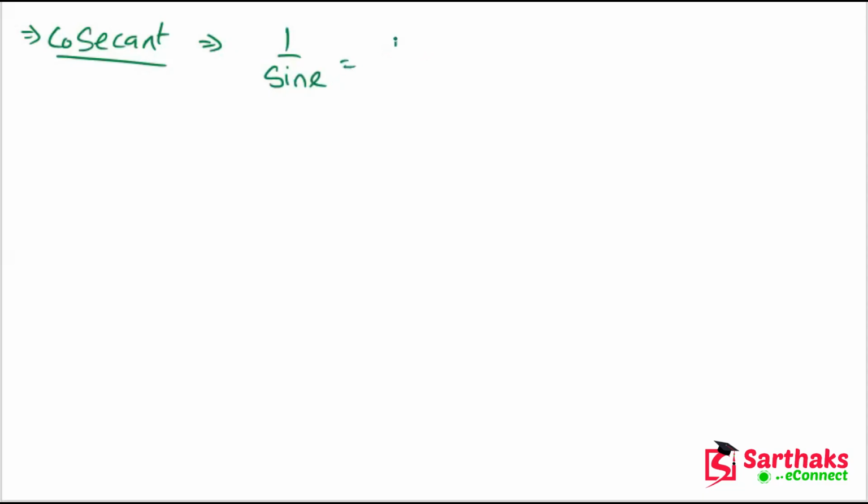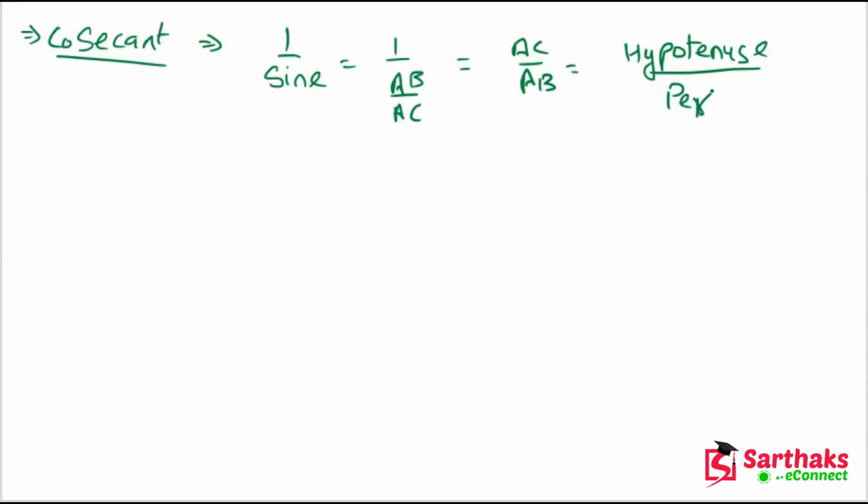And we know what sine is: sine is AB upon AC, means perpendicular upon hypotenuse. If we invert it, it becomes AC upon AB, means hypotenuse upon perpendicular.